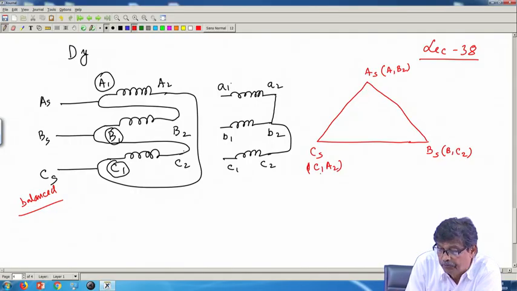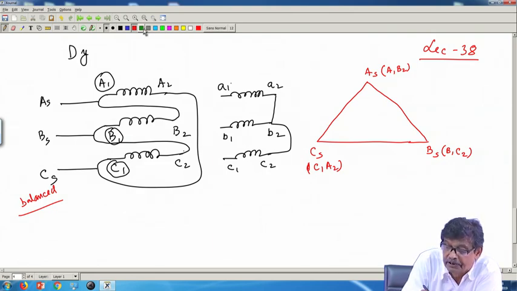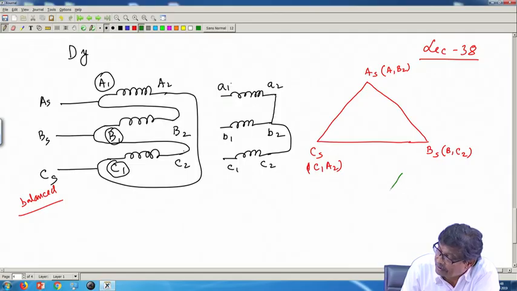Acha, what is the voltage applied across the primary of transformer A? A1, A2. Where is A1, A2? This is A1, this is A2. So, on the secondary side this voltage will be, if I use a different color, parallel to this line, and I will write it here a1, a2.